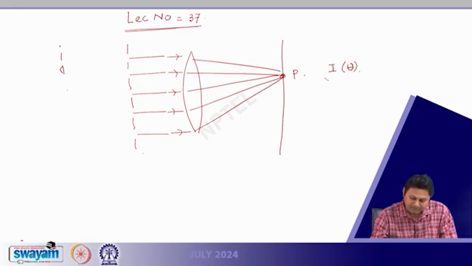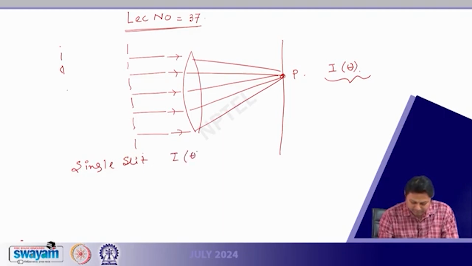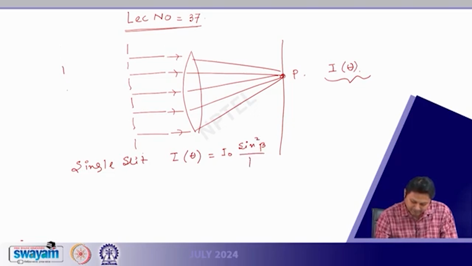For single slit and double slit we have calculated that. For single slit, I theta was I naught sine square beta divided by beta square, and for double slit, I theta was I naught cos square alpha sine square beta divided by beta square.